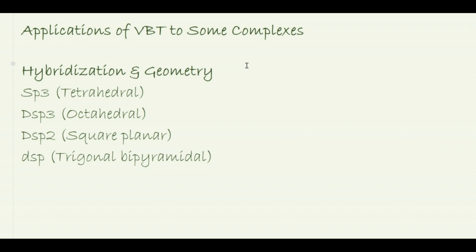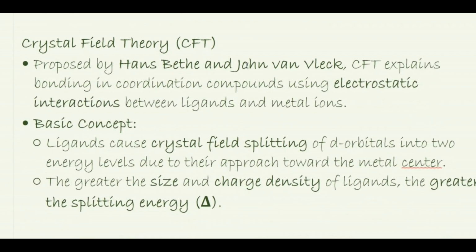Okay. Next, we are going into CFT. The next theory coming into the picture, where he explains about weak field and strong field ligands. Okay. This is a most important concept. Lots of questions can be asked from this part. Okay. So the first thing, CFT means crystal field splitting. The word splitting is there, which means there should be some kind of splitting.